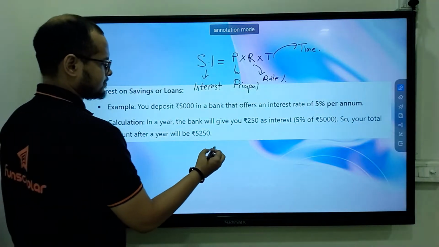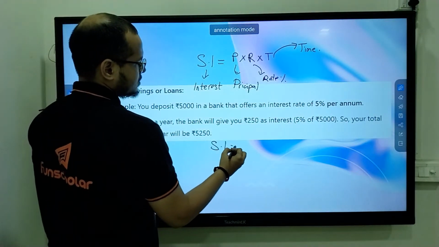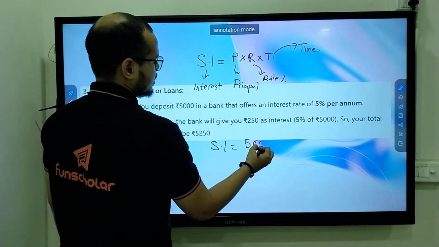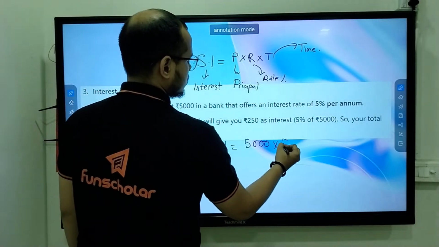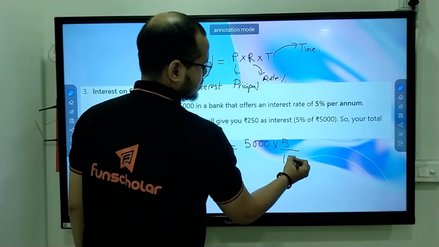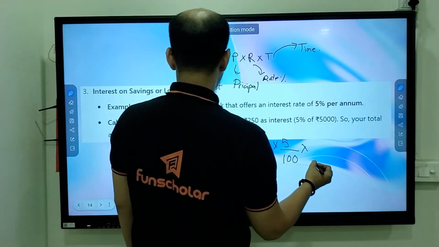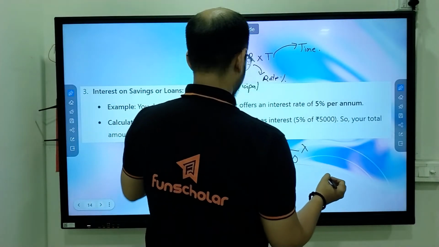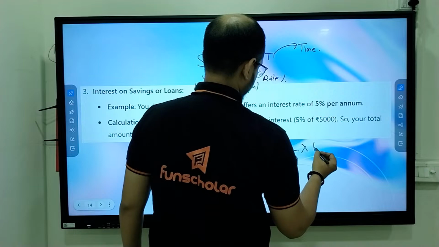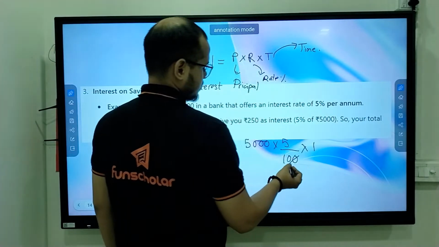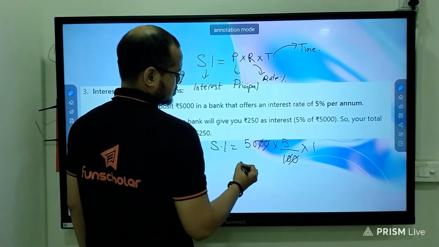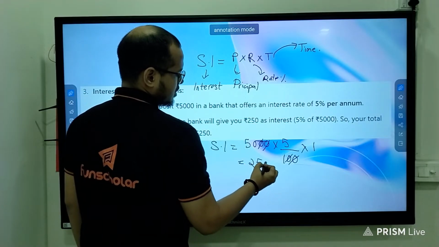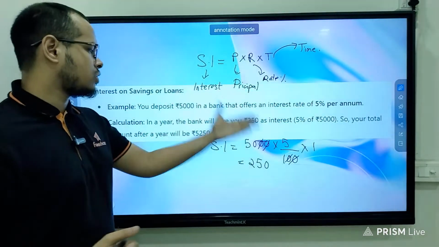Let's see. SI is equal to 5000 into 5 by 100, because rate percent is there, right? Time is what? One year. So the zeros cancel and we get 250 rupees. Now I had 5000, I'm adding 250.